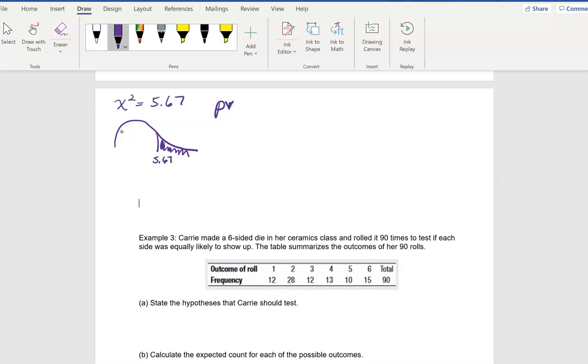This is going to be our p-value, the probability our chi-squared test statistic is greater than 5.67, and you're going to use the chi-squared CDF. The low is 5.67, the high is 9E999, and the degrees of freedom again is 4 minus 1, or 3.